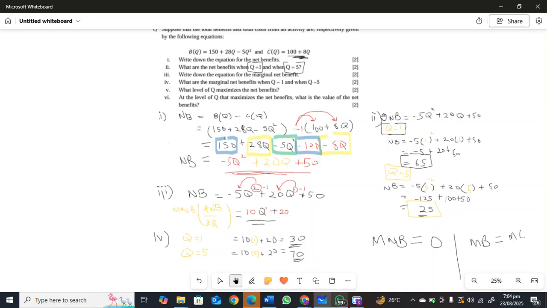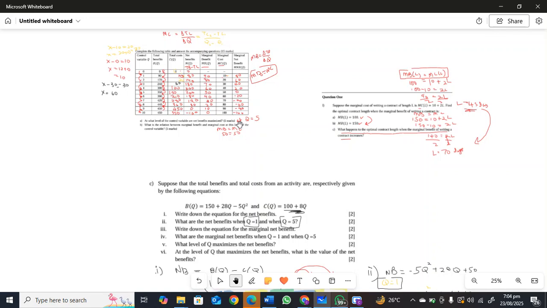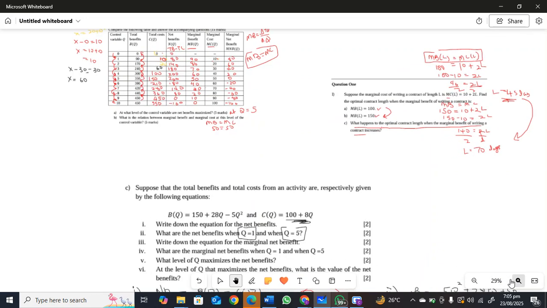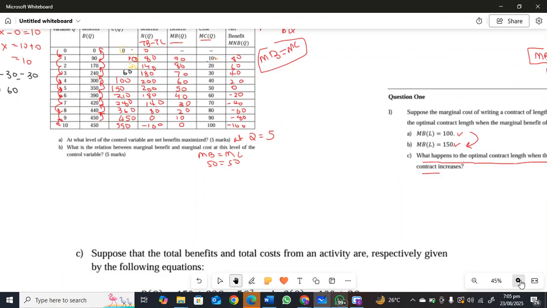If you remember the previous question yesterday, we saw that where the net benefit was maximum was where the marginal benefit and the marginal cost were equal.